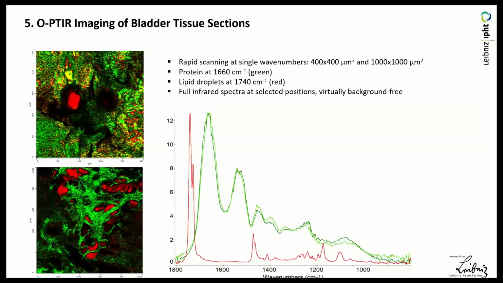And if the tissue section is slightly rough, then not the full tissue section is in focus. So spectra are very nice for typical bladder tissue, and of course here from the lipids you get almost a pure lipid spectrum.